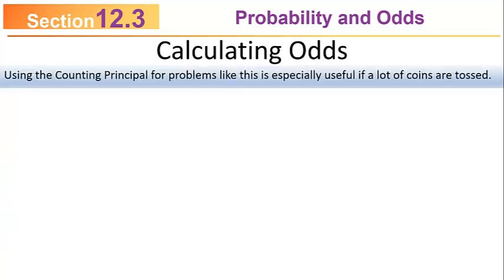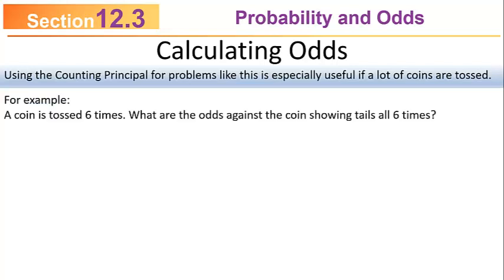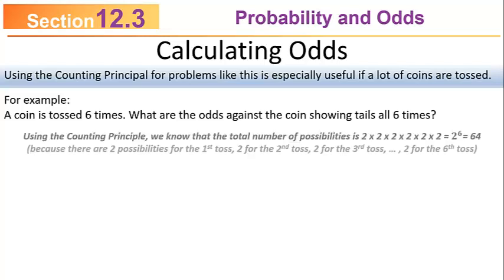I will say that using the counting principle for problems like this is especially useful when your coins go above 3, because it's not practical to draw the tree diagram. Suppose you had 6, it'd be really difficult to draw all those branches. Using the counting principle, you know that the total number of possibilities is 2 times 2 times 2 times 2 times 2 times 2, which is 2 to the 6, which is 64, because at each stage you still have two choices, head or tail, but you're doing it as a 6-stage process.